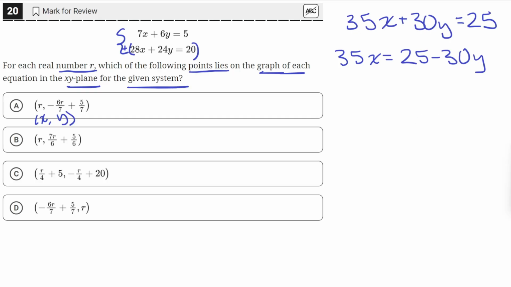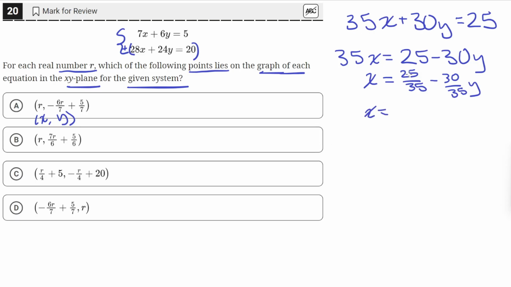And then let's divide both sides of the equation by 35. So what we'll get is x equals 25 over 35 minus 30 over 35y.